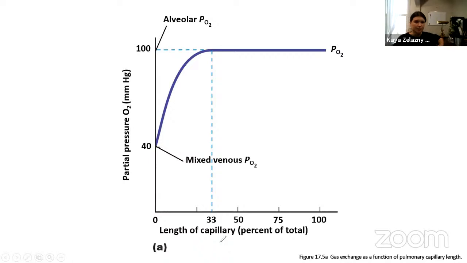Okay. But what we can see is our full length of the capillary, so up to 100%. We're trying to get from the partial pressure of oxygen in our blood, in those pulmonary arteries, that deoxygenated blood coming into the lungs, to our full oxygenation of blood, which is normally a partial pressure of 100.